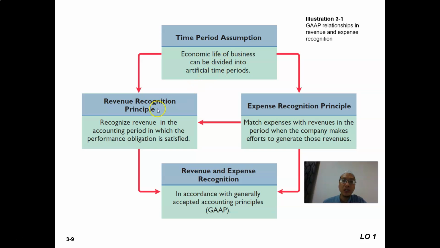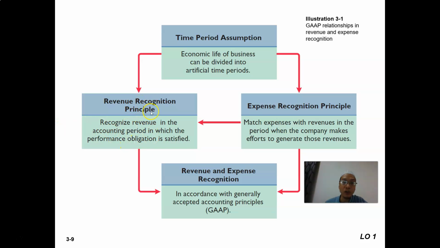Because we split the time period into several sections, that involves the revenue recognition principle and the expense recognition principle. When we want to recognize revenue, we need to look into which period the revenue occurs, and based on accrual basis accounting, we need to recognize revenue at the time we render the service, or when the performance obligation is satisfied.